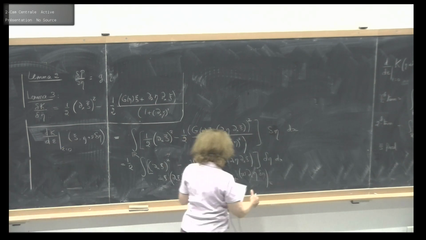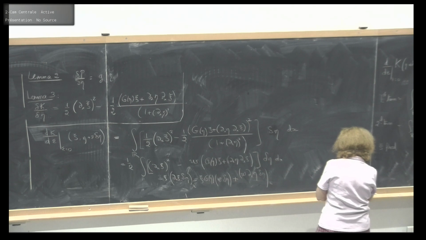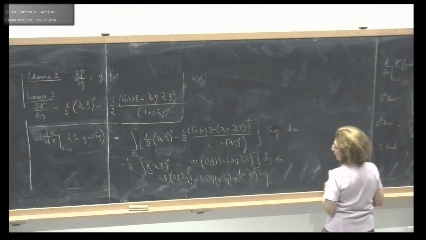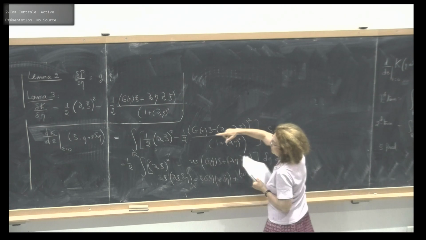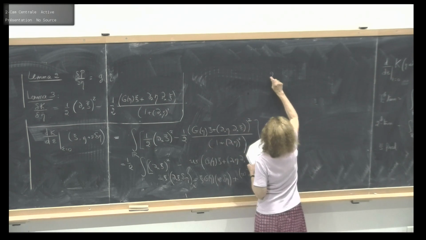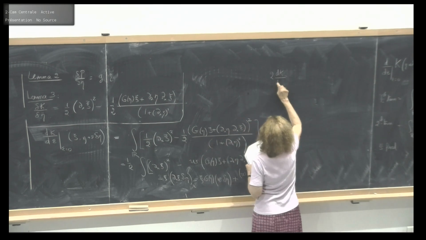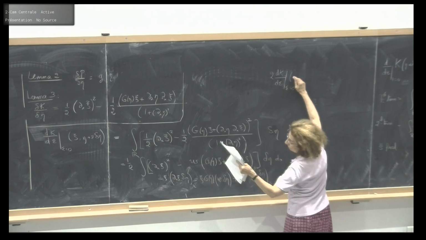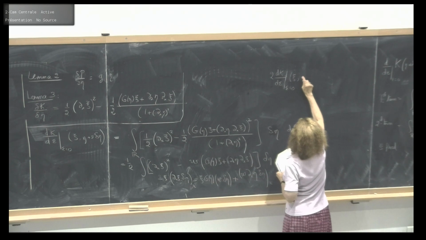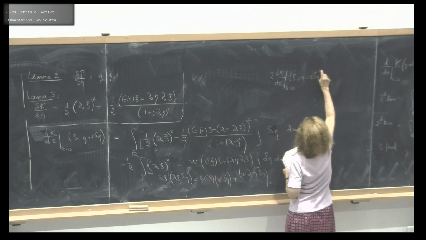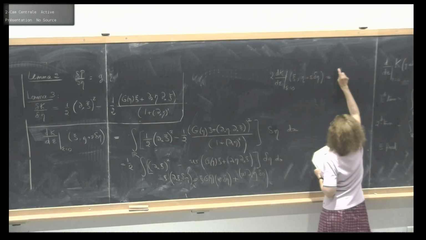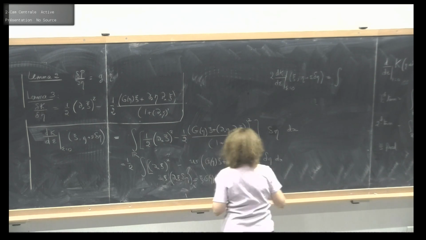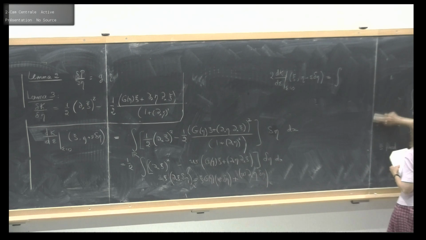So at the end, we get that. I should write it once more. I put all these terms together, so let me put two. Equal, so I have the integral, and now you will see the formula.